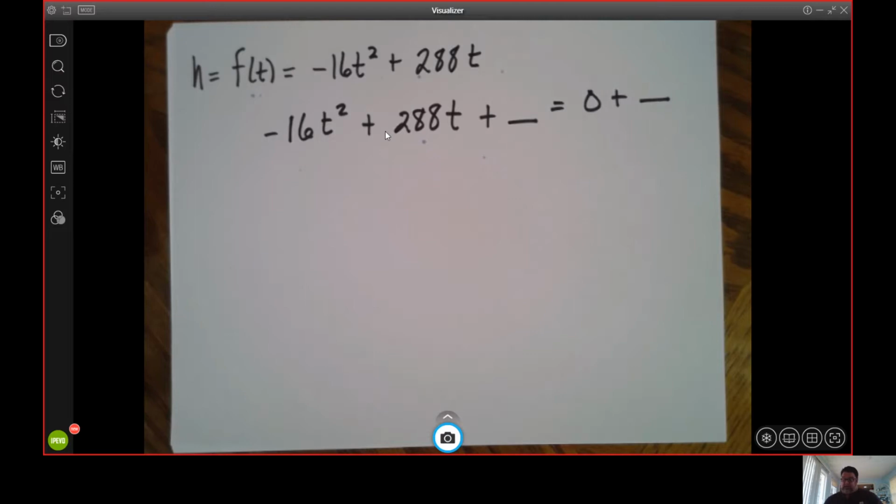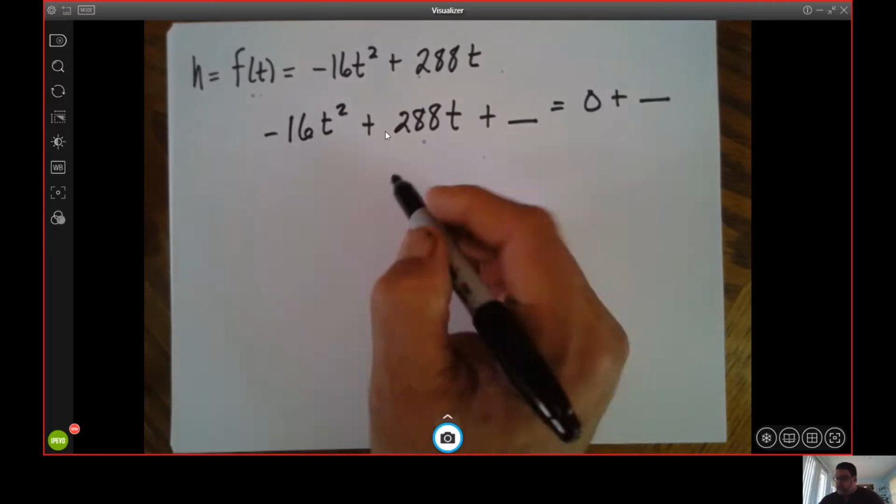Let me check that again. 288 divided by 16. Yeah, I thought so. 18. I must have typed something wrong in the calculator. Oh, yeah, I typed 0.288.